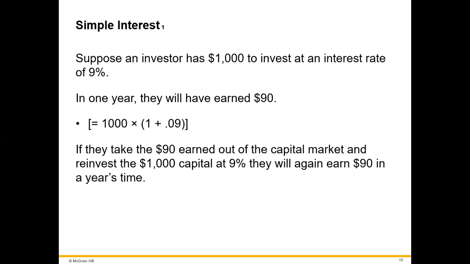Okay, so suppose an investor has $1,000 to invest at an interest rate of 9%. In 1 year, they will earn $90, just like we did before. With simple interest, you will only calculate the next year's interest on the original investment.